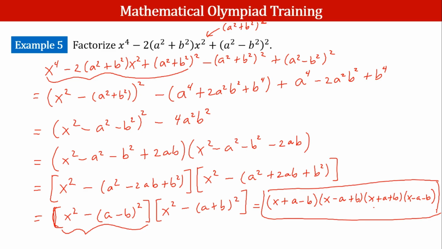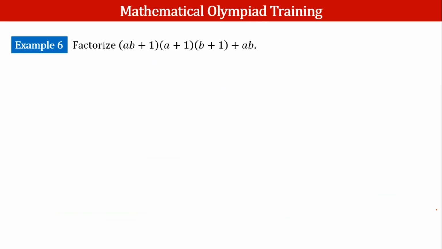Let's have example 6. Factorize quantity ab plus 1 times quantity a plus 1 times quantity b plus 1 plus ab. If we're going to expand the product, then you will have a very lengthy expression.